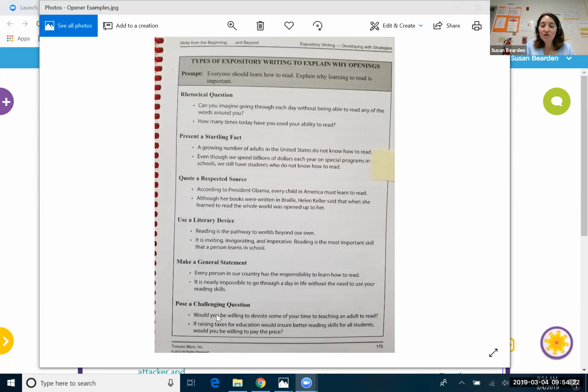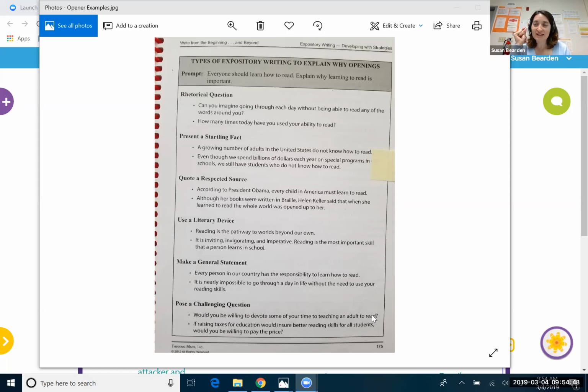It asks, would you be willing to devote some of your time to teaching an adult to read? So now my reader knows that I'm talking about reading and not just children learning to read. So I'm giving my readers an opportunity to learn about what my topic is. And I'm asking them a question that's really designed to make them think.